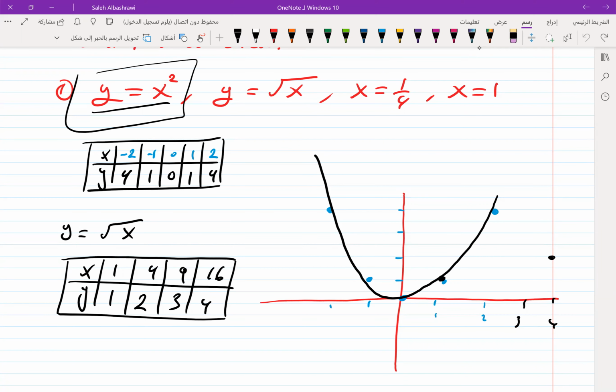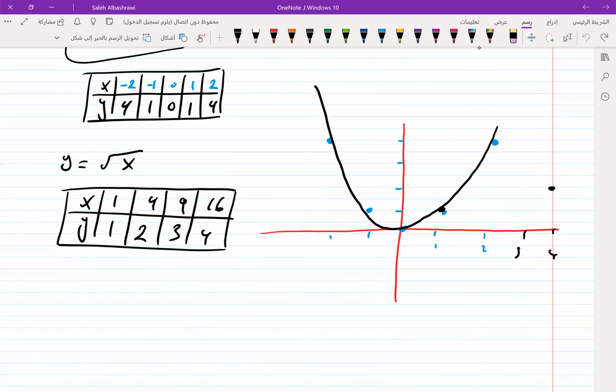And 9 will give me the 3. I will have something like this. This is the function y equal to square root of x. More accurate.